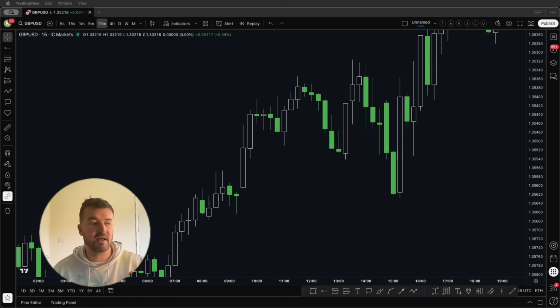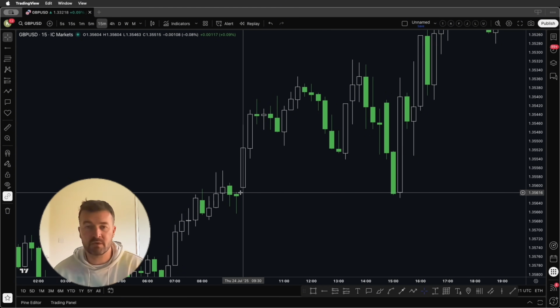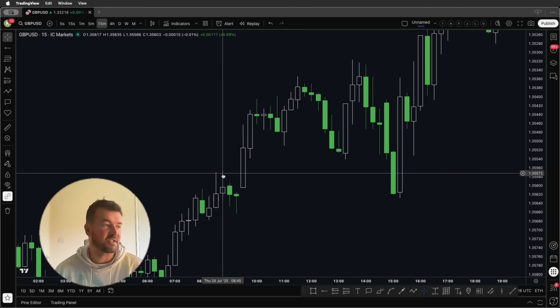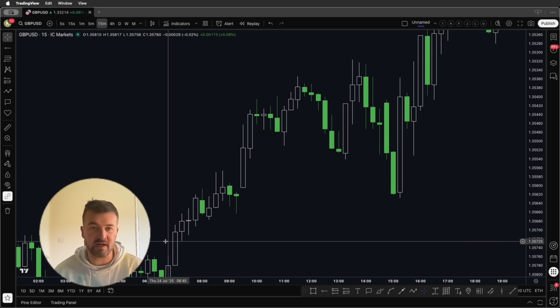Okay, so here's a prime example of an order block which has worked out quite well in this situation. We've got the opposite color candle, we have the impulse away, and we've actually got a little bit of a gap as well, which is another good confluence to add to your stack. And we have the start of the move working its way down here. We've also got the prevailing trend moving upwards.